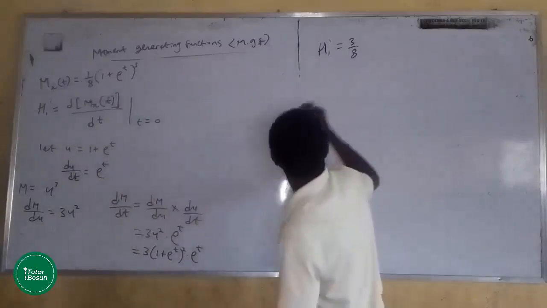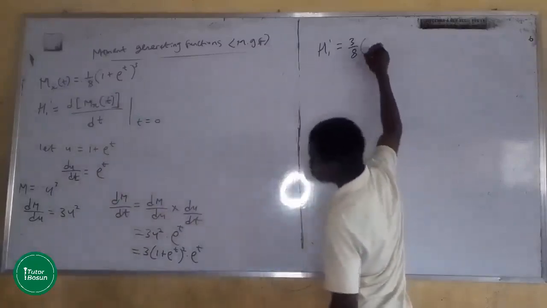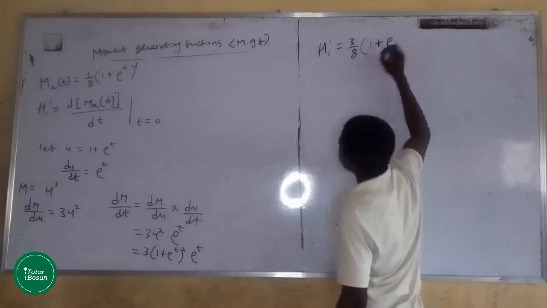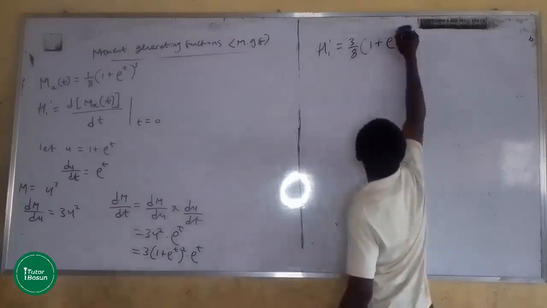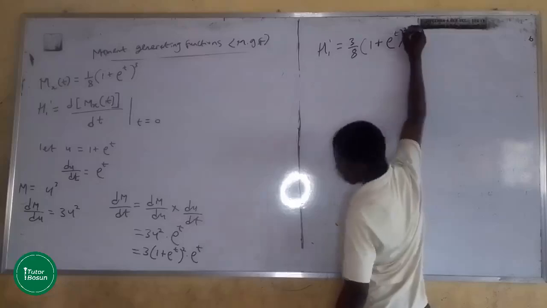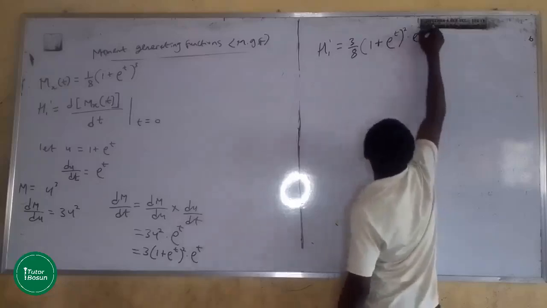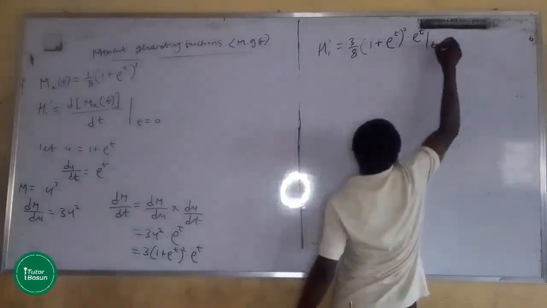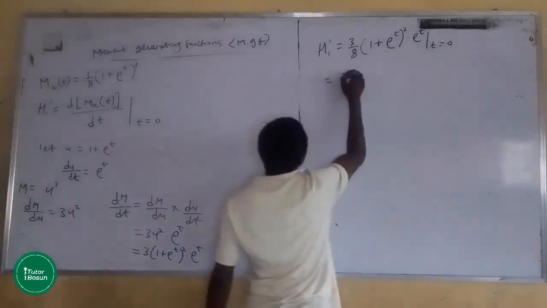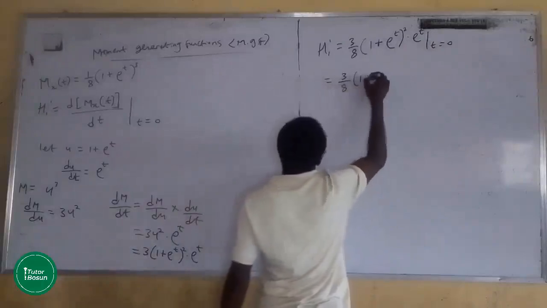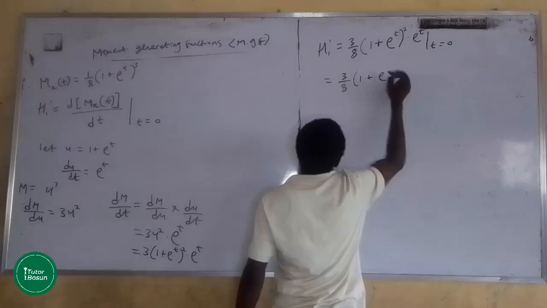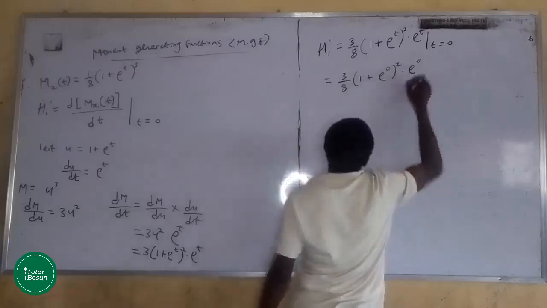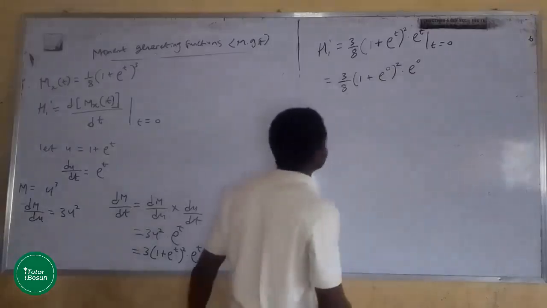So that's going to be 3 over 8 into 1 plus exponential t squared multiplied by exponential t, taking t to 0. So automatically it becomes 3 over 8 into 1 plus exponential 0 squared times exponential 0.